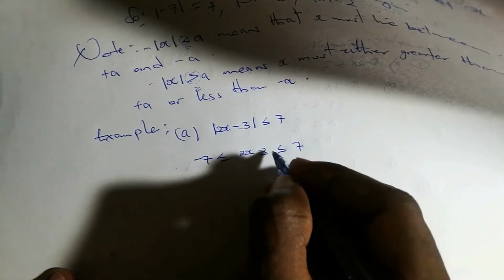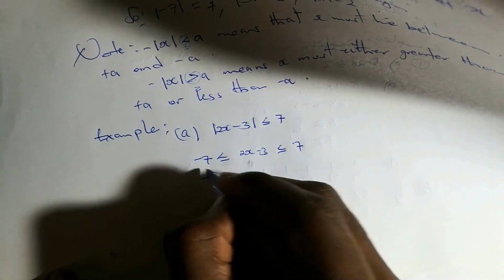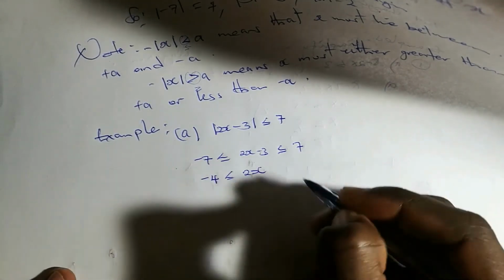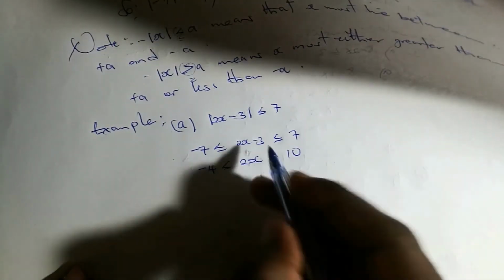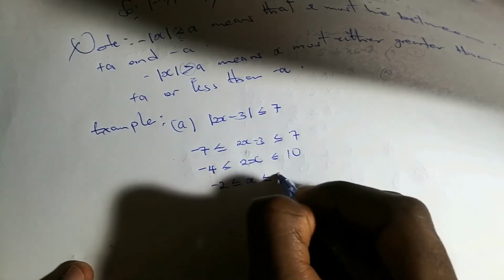So we solve this. We remove 3 by adding a positive 3 everywhere, so that we have -4 plus 3, which is -4, less or equal to 2x, less than or equal to 10. Dividing throughout by 2, we're going to have -2 less or equal to x less or equal to 5.